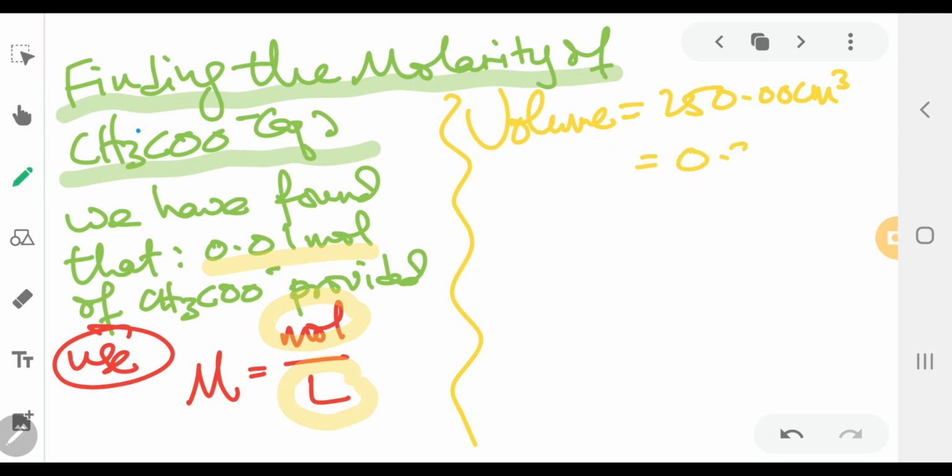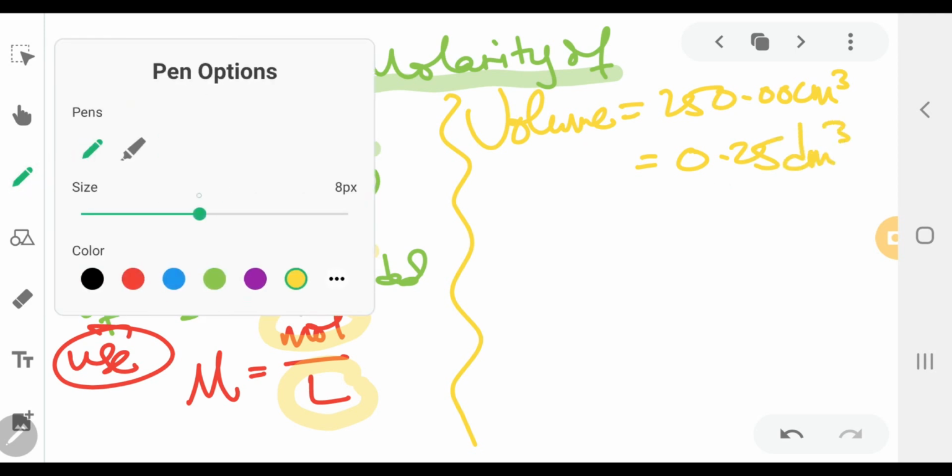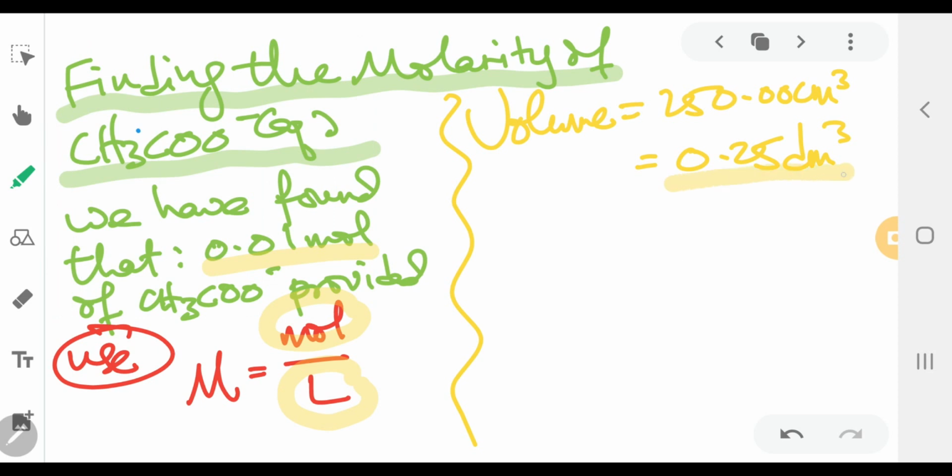So we have 0.25 decimeter cubic. So that is the volume that we're going to put into there to find the molarity of your CH3COO- conjugate base.